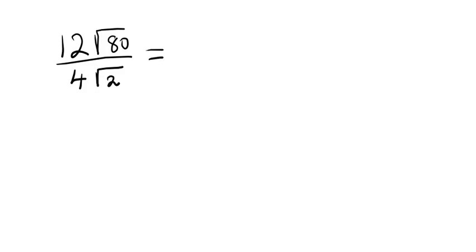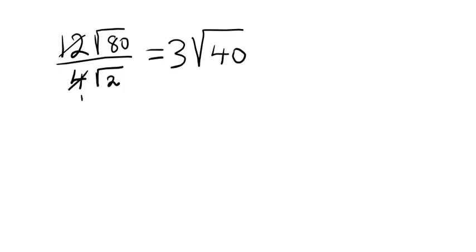Here, we are going to divide. 4 divided by itself will give you 1. 4 divided into 12 is going to give you 3. So we have 3. Root 80 divided by root 2 is going to give us root 40.